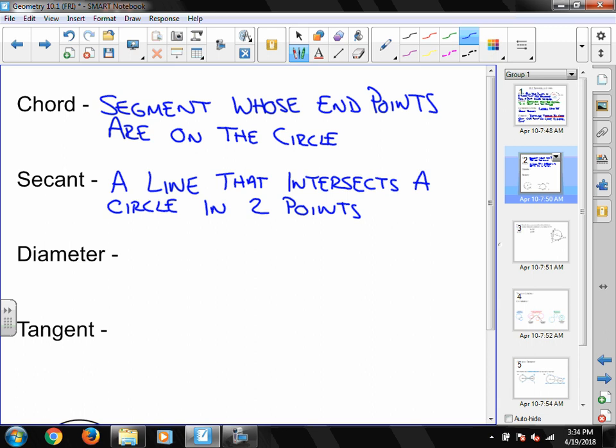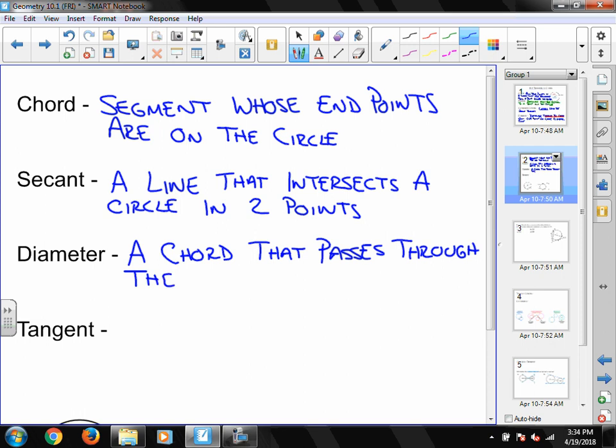Just to reiterate the concept here, both of these definitions are good. We'll use them both, so make sure you know both of these. The diameter is a chord that passes through the center. I talked about that when I talked about chords, so I'm not going to spend a whole lot of time here talking about that.